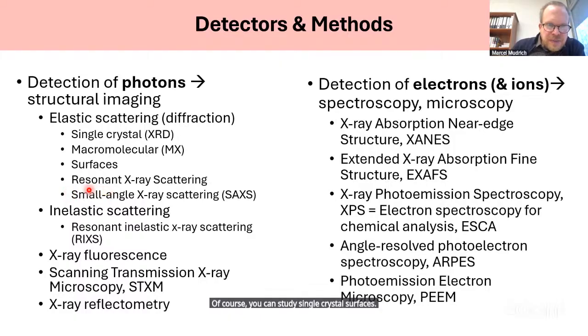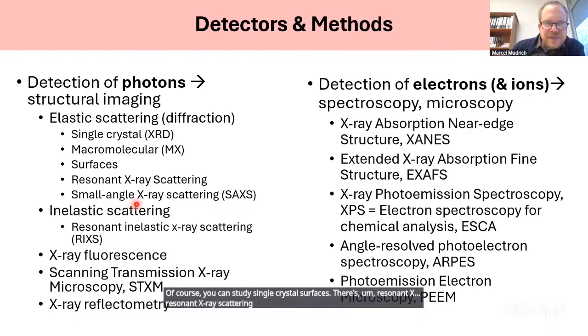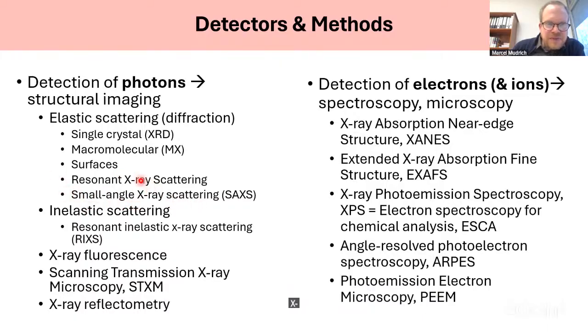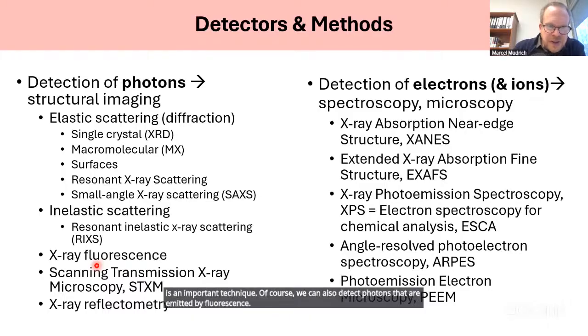There is resonant X-ray scattering. There is small angle X-ray scattering, which are variants of elastic scattering. There is inelastic scattering, like resonant inelastic X-ray scattering. RIXS is an important technique. But of course, we can also detect photons that are emitted by fluorescence.